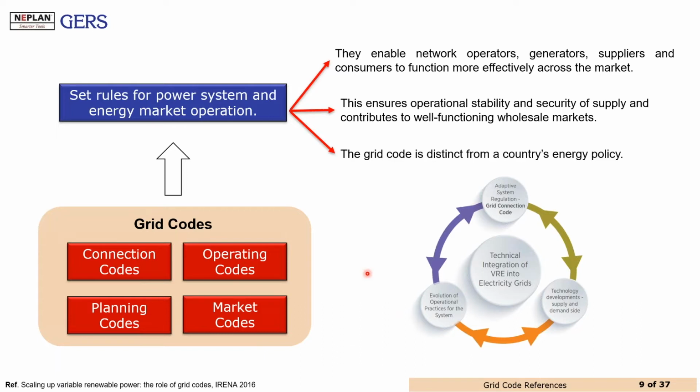Voltage or frequency must be maintained within set limits, and we have to avoid damaging the equipment. The system must be able to recover quickly from any system disturbance. And for that, we have different sets of rules for power systems operation and the energy market operation.